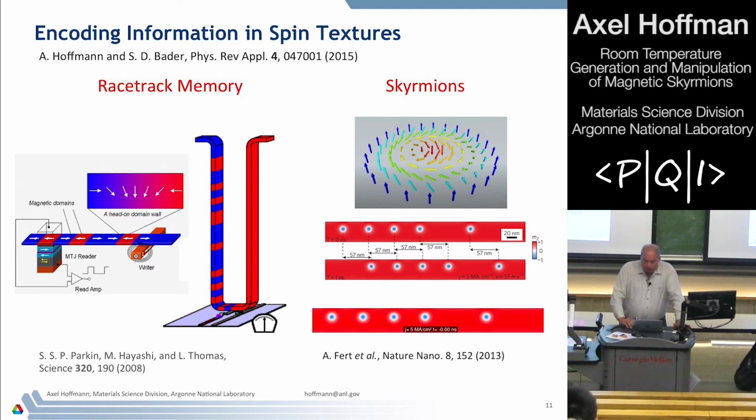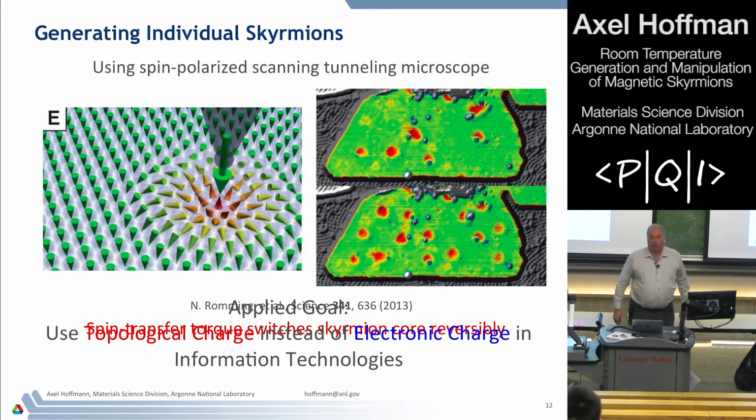Now, having said that, one of the biggest obstacles was whether you can generate skyrmions on demand, because if you want to use them to encode information, you have to be able to generate and delete them. The first step along these lines was done 3 years ago in the group of Roland Wiesendanger in Hamburg, where they used an iron palladium film where they can locally have skyrmions, which are indicated by these red dots when they are measured with a spin-polarized tunneling microscope.